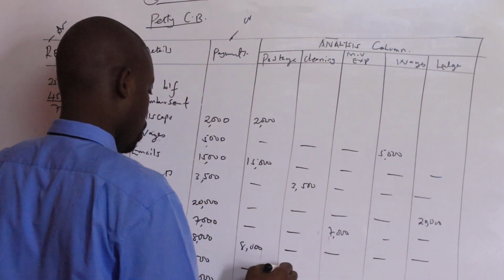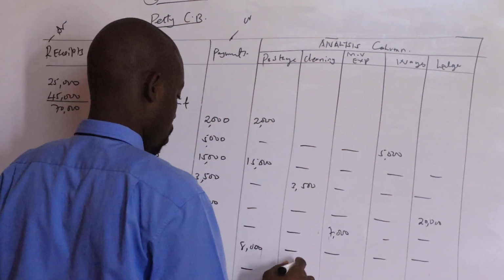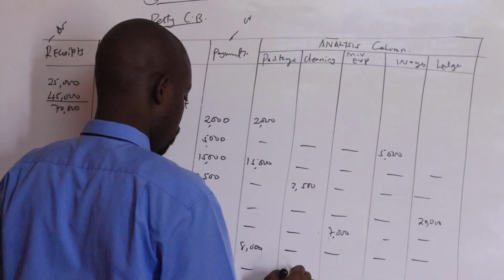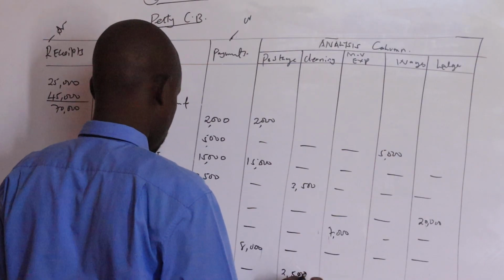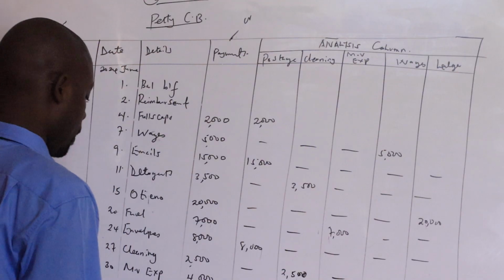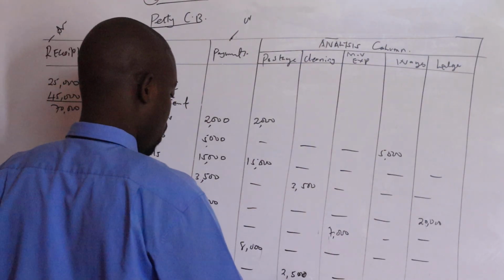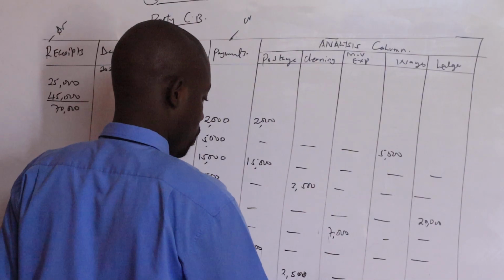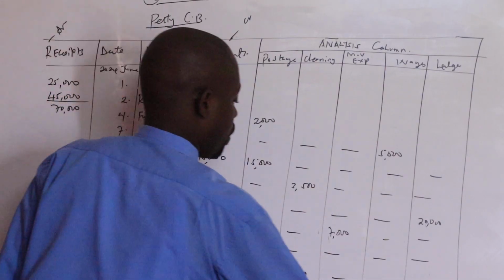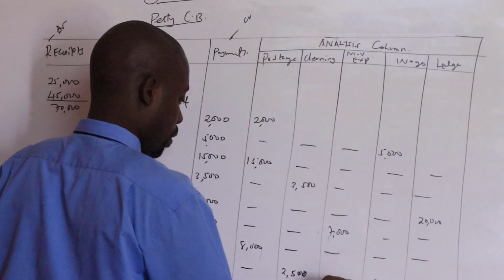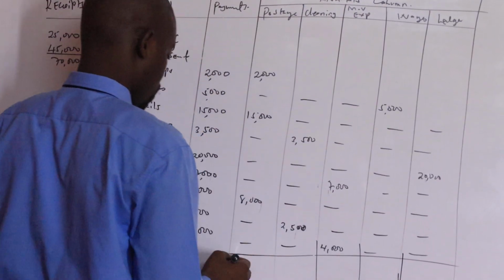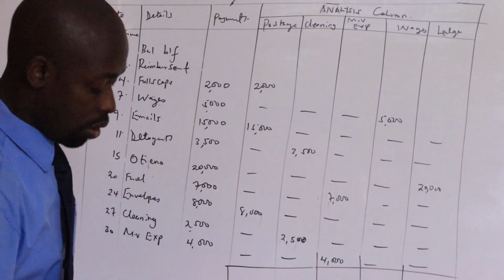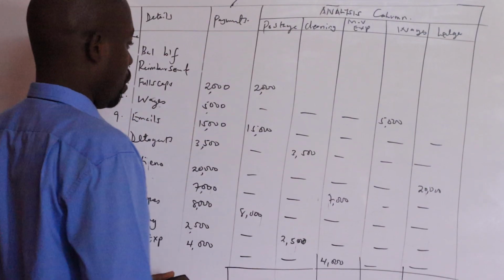Cleaning, 25,000, that is cleaning. Then lastly, motor vehicle expense, that's the motor vehicle column. So let's see, we do the totals for each.